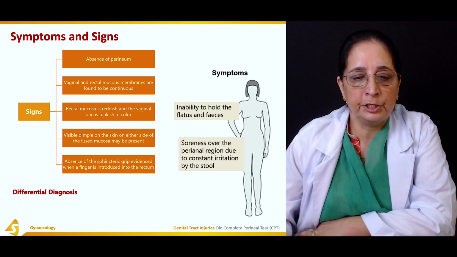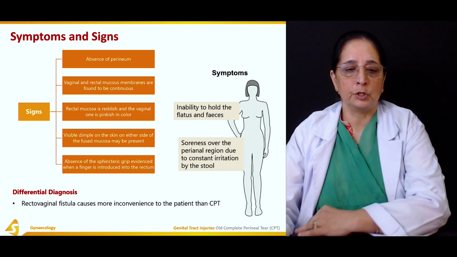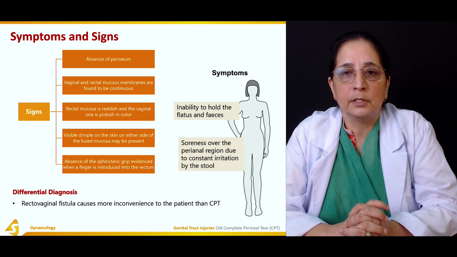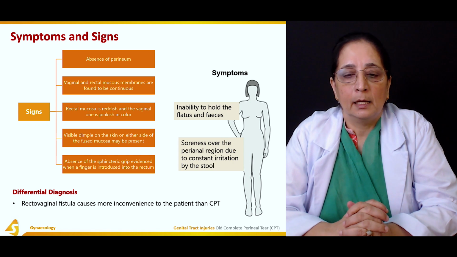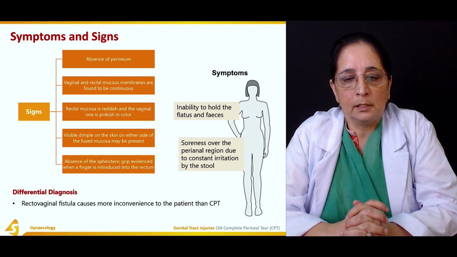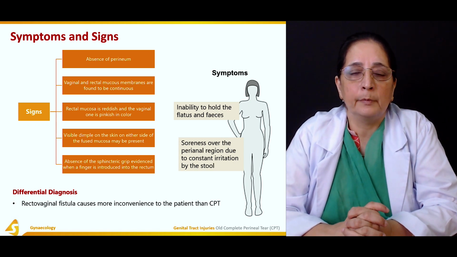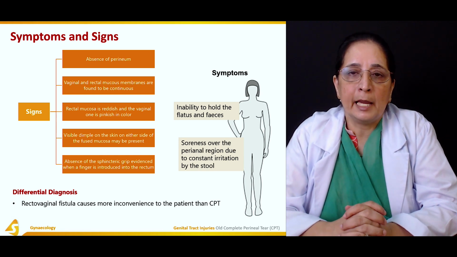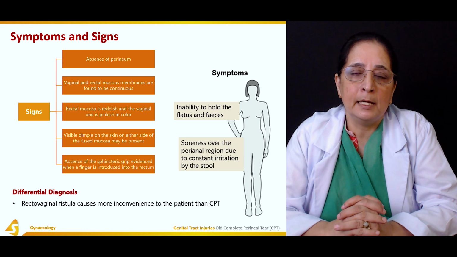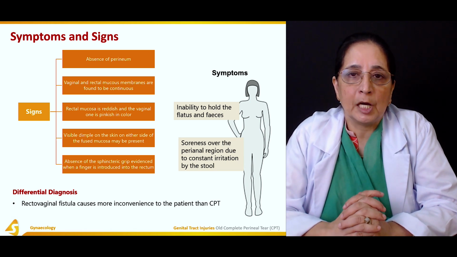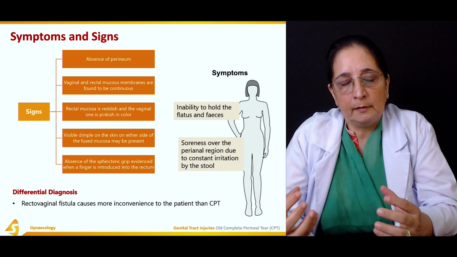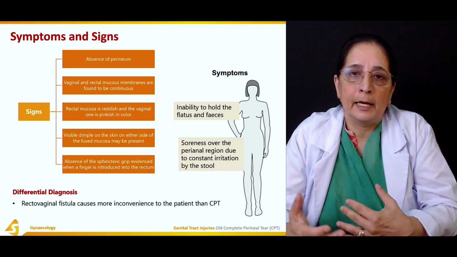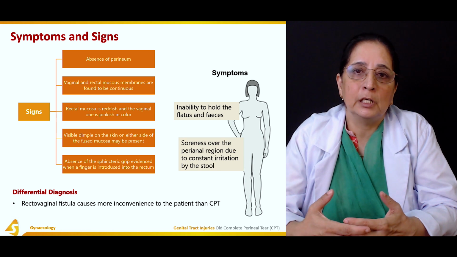And then differential diagnosis is rectovaginal fistula, which causes more inconvenience to the patient than perineal tear. So differential diagnosis that can be made is rectovaginal fistula. If there is connection between rectum and vagina, that is one of the differential diagnoses.